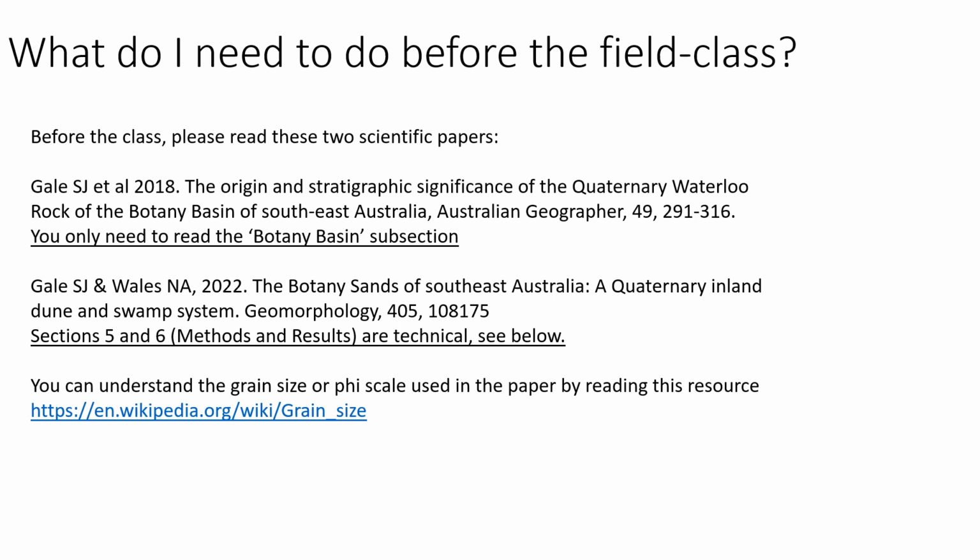So what I recommend you do is use the Wikipedia resource to understand what the phi scale is before getting into sections 5 and 6 in the paper. But from that reading, I would like you to have an understanding of how the authors use grain size to actually work out the environmental history of the Botany Sands.